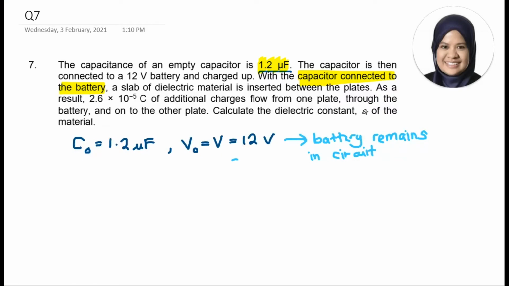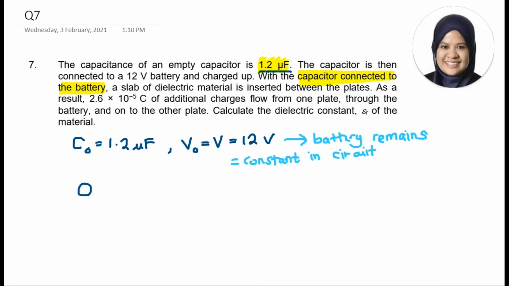Okay. Seterusnya, as a result, 2.6 times 10 to the power of negative 5 coulomb of charges flow from one plate through the battery. Apakah maksudnya 2.6 ni? There is 2.6 atau 26 microcoulomb adalah Q yang added to the capacitor.